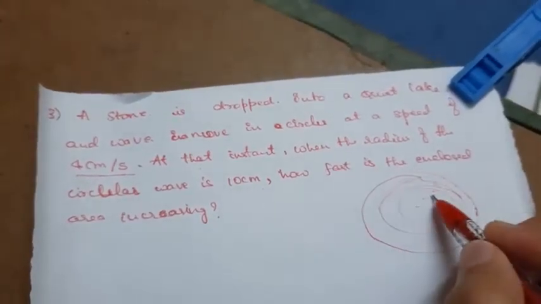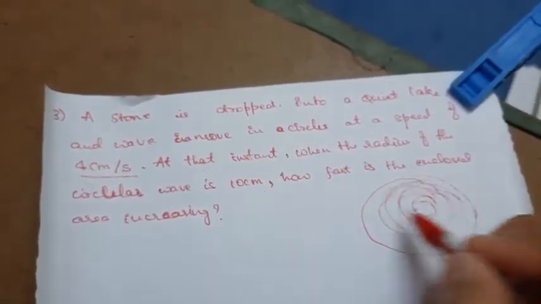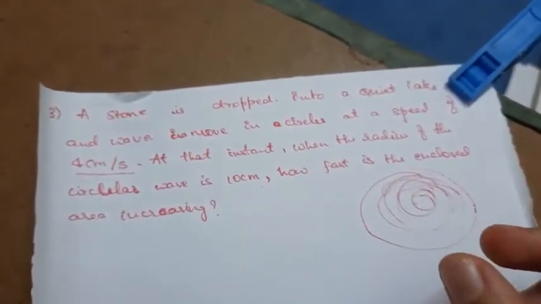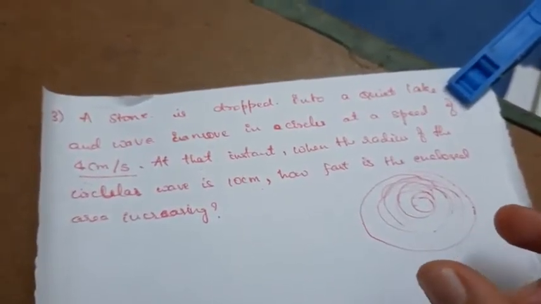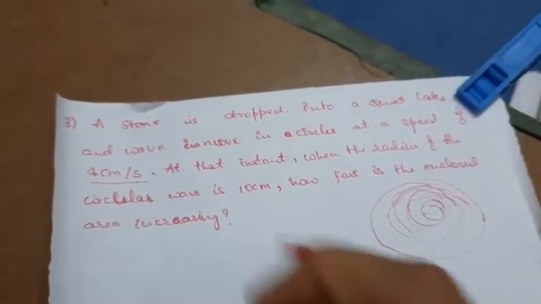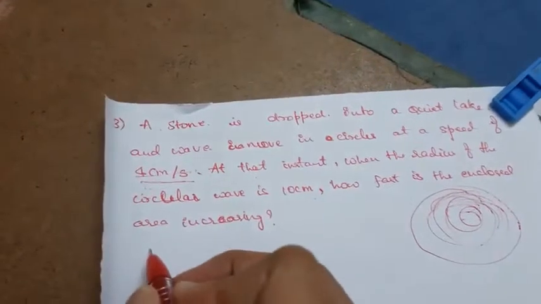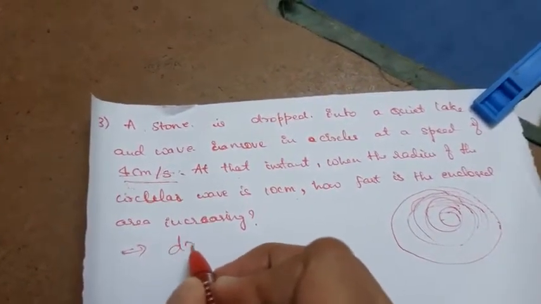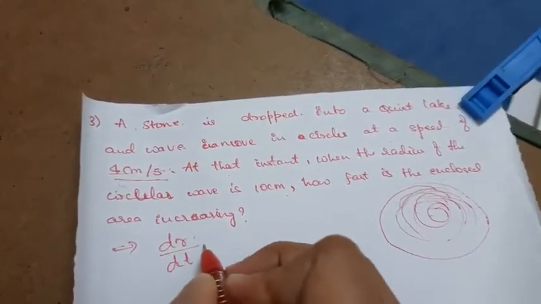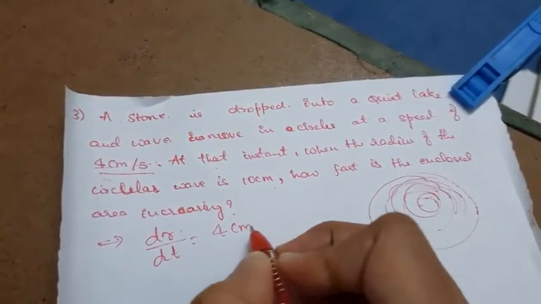That means the radius of that circle is going to increase at the speed of 4 centimeter per second. So what is this 4 centimeter per second they have given? It is the rate of change of radius with respect to time, 4 centimeter per second.